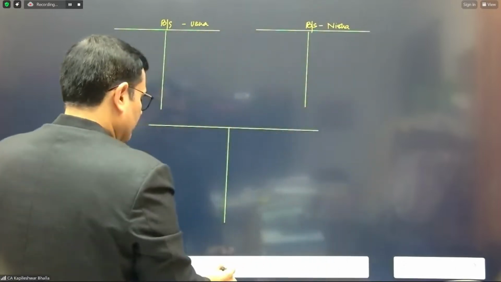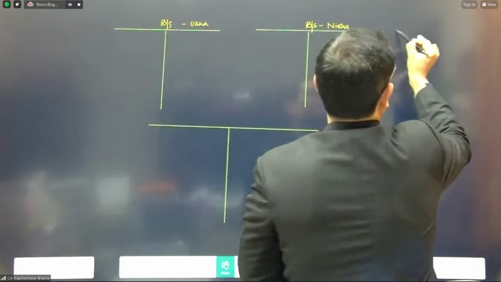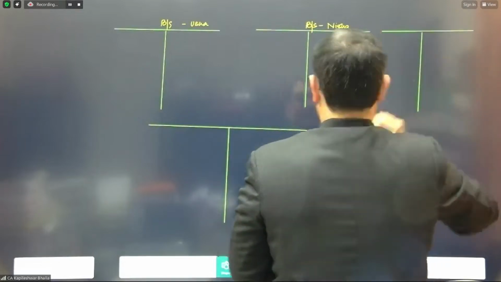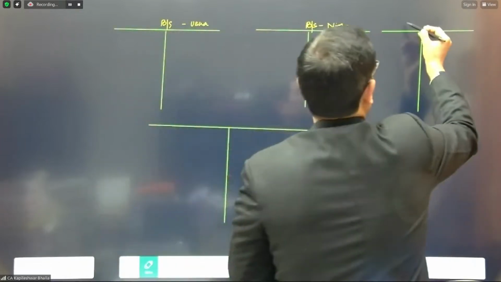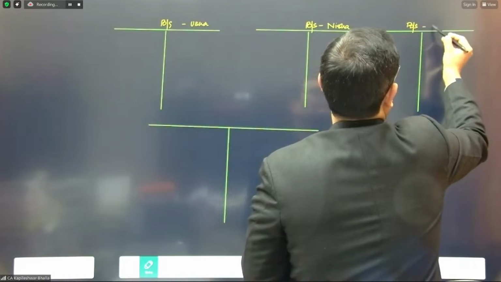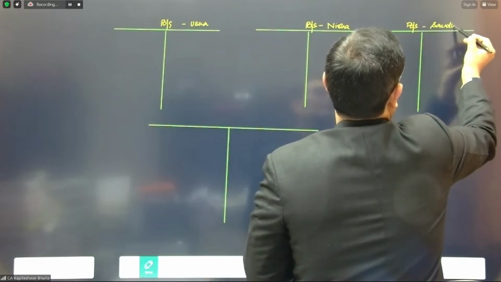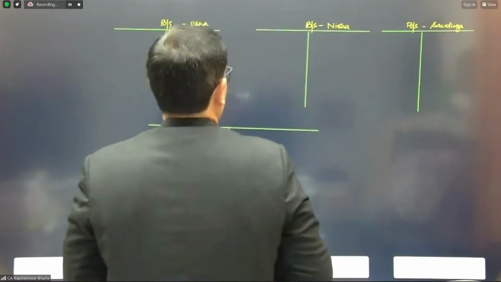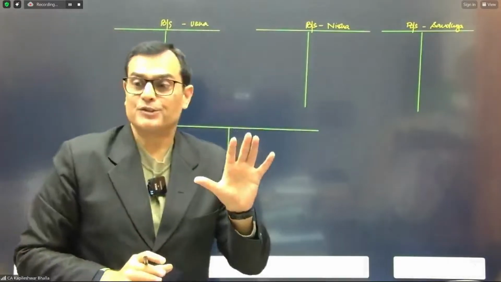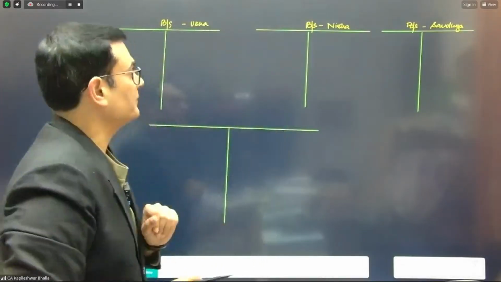And let me also consider the third balance sheet as well. And this is the balance sheet of the bottom company, that is Sandhya. Okay, now watch this carefully, because if you get this analysis, trust me, you'll get the entire logic.